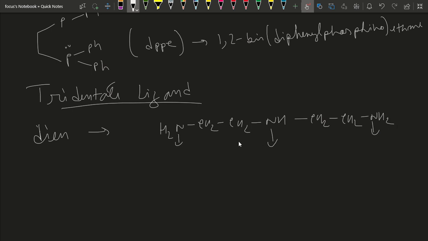So here there are three donor centers or donor atoms in this diene. The complete name is diethylene triamine. So there are many tridentate ligands. After that we have tetradentate ligand also. Obviously it has four donor atoms.